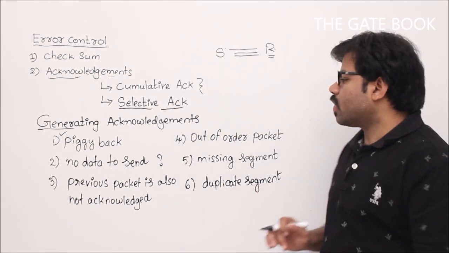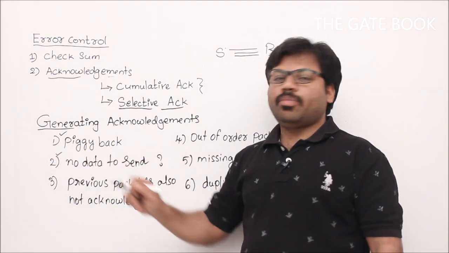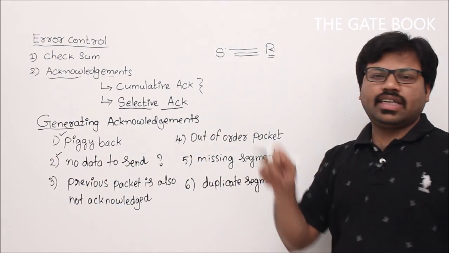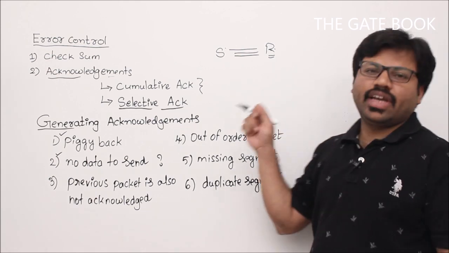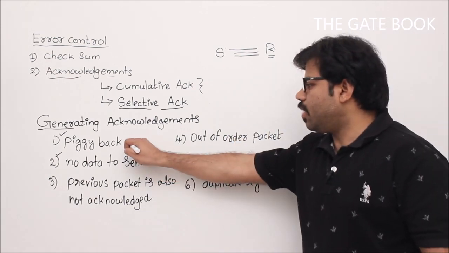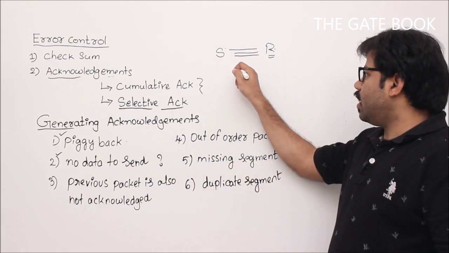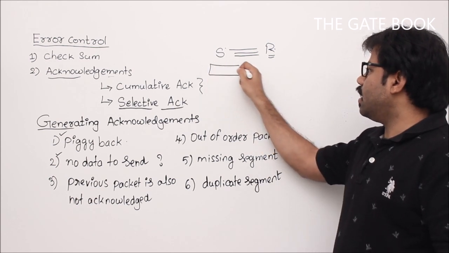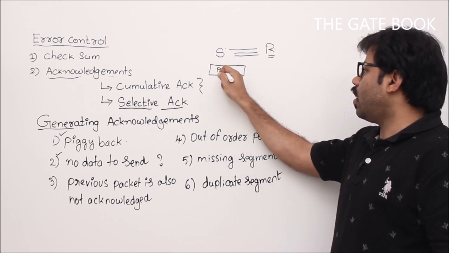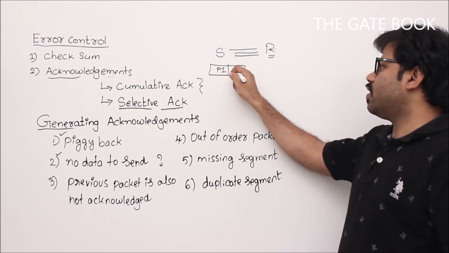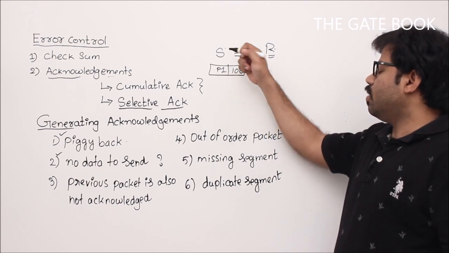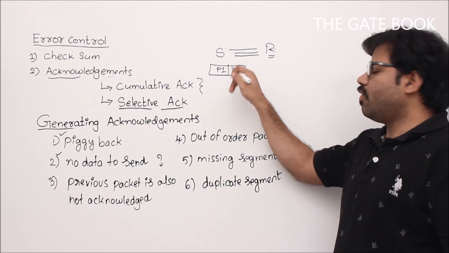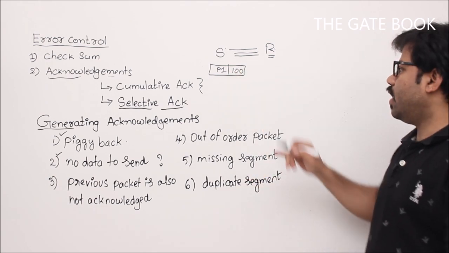Now second thing, if there is no data to send, that means at this moment the receiver doesn't have any data. If there is data we can send. Okay, we will see the statement one more time. Example, let's say you have data, the sender is sending like this, it is packet number 1 and the sequence number, let's say, 100. For simplicity, from now onwards we assume that every packet has 100 bytes of data.